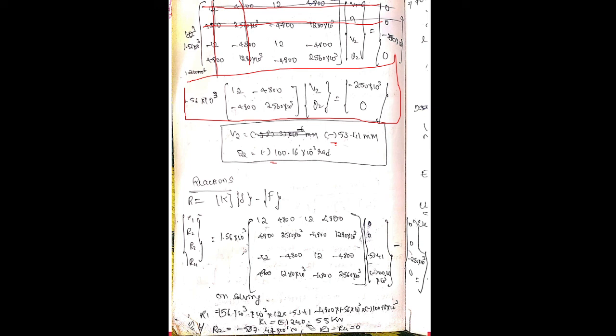R1 will be 240.55. Yes, correct. R2 has minus 587.47 into 10 raised to 6. R3, R4 are 0.